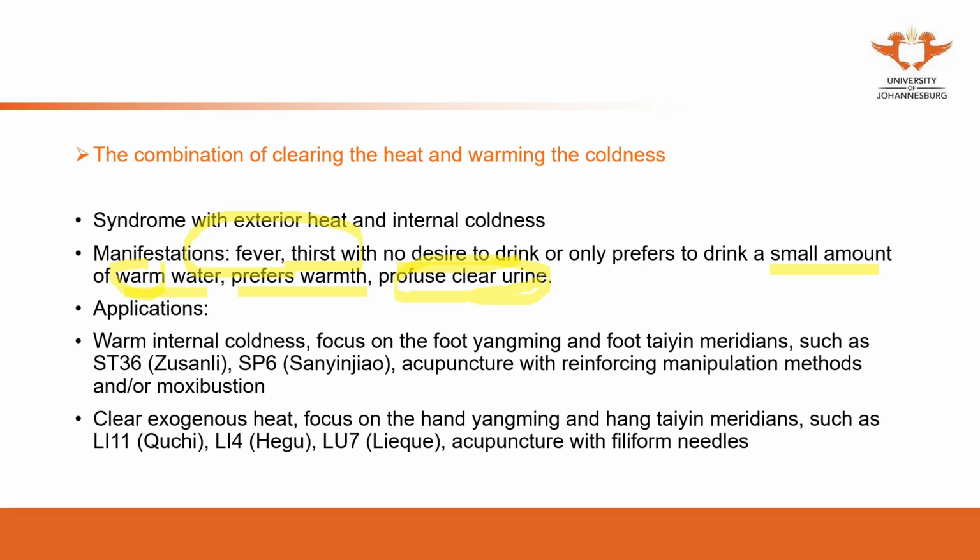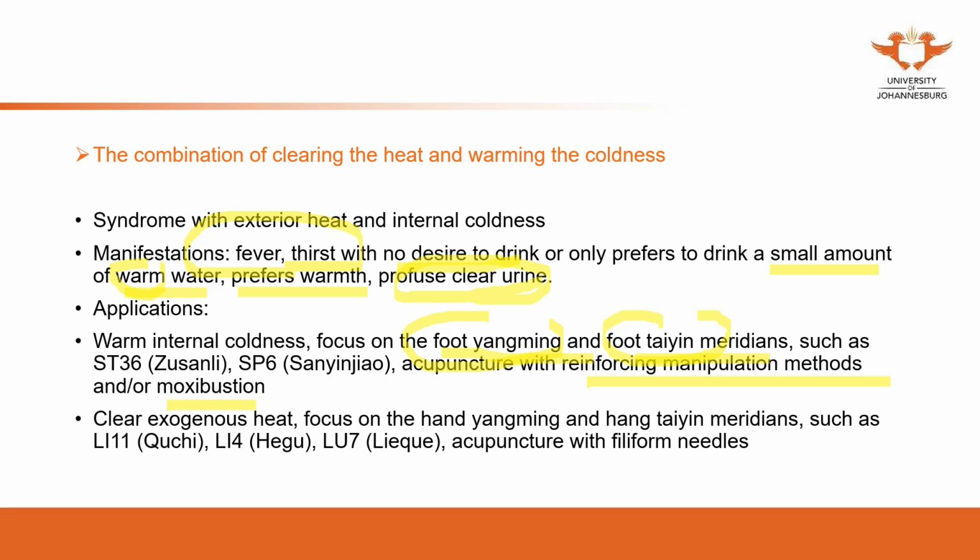So in this situation, our treatment will focus on warming the internal coldness. For the Yangming and the Tai Yin: Tai Yin is the spleen, Yangming is the stomach. So we can use stomach 36, spleen 6, with reinforcing manipulation technique or moxibustion.